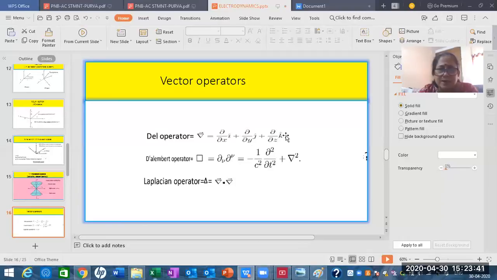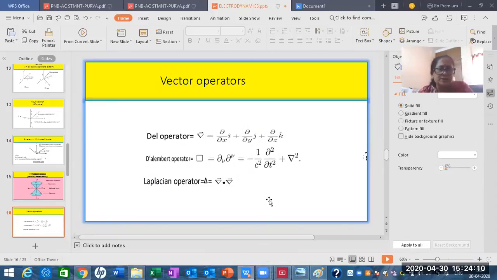Now del has 4 components, because it is a 4 vector, so one more component, the time component, will come here. Then take the dot product of del with del, that is del square. So del square is operating on A, my vector. That will give you the D'Alembert operation on vector A.